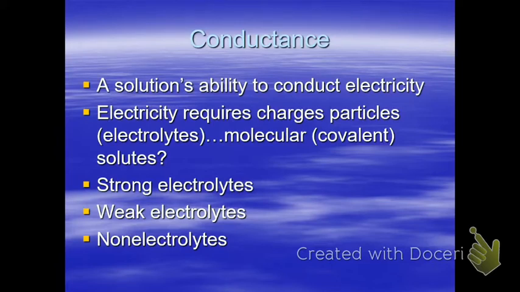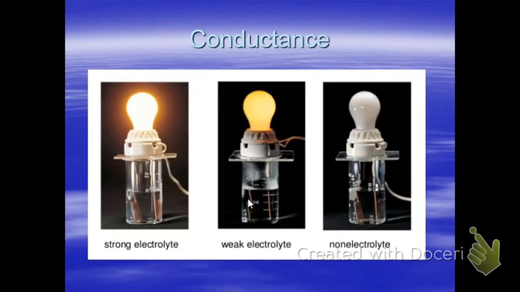Now, if we were in regular school and I had this apparatus called a conductivity tester, it looks sort of like this. I would take this light bulb, which is hooked up to 2 electrodes, and put the 2 electrodes down into various solutions. What you'll notice is the one that says strong electrolyte lights up the light bulb nice and bright.